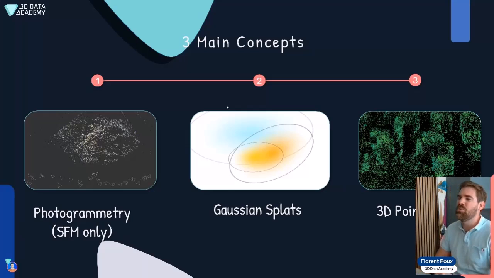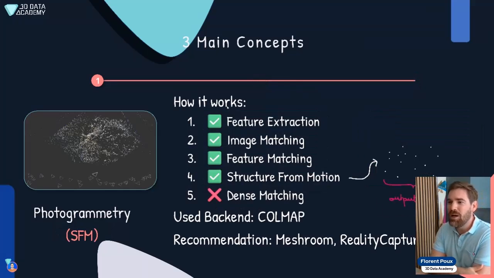It's actually something which is not at all new. It's more than 50 years old, and it was used heavily, but without this training process. And then we have 3D point clouds, which is something that I'm super attached to, and I will speak a bit about why I'm attached to that. So the first concept being structure from motion, and this is a part of photogrammetry.